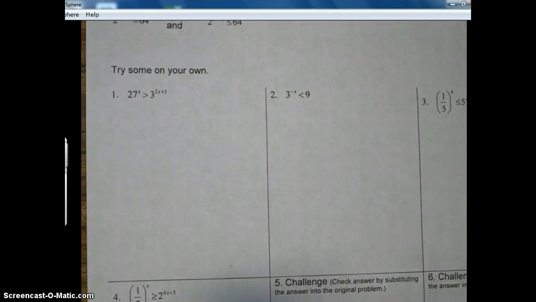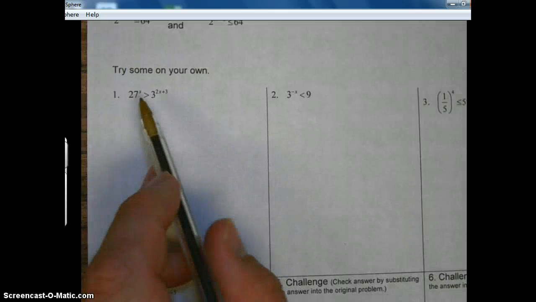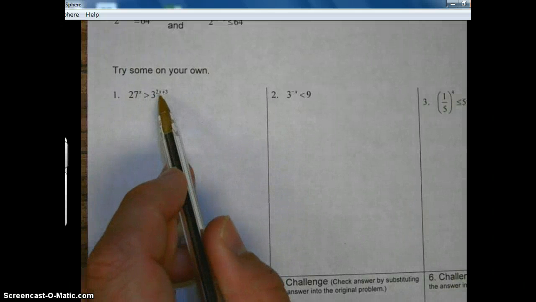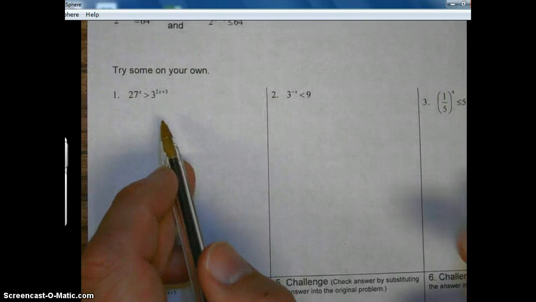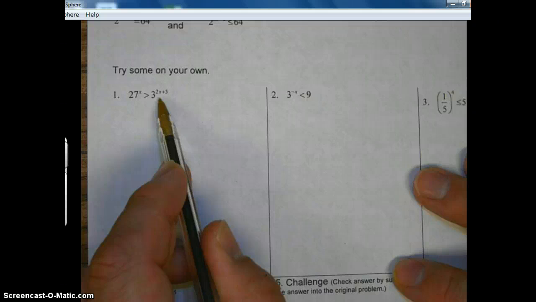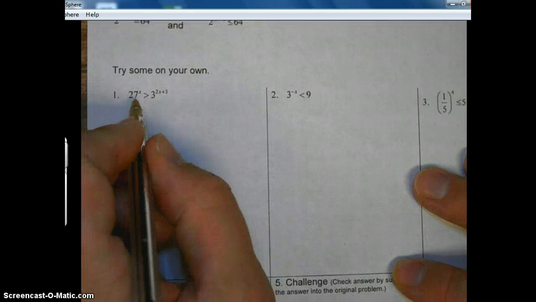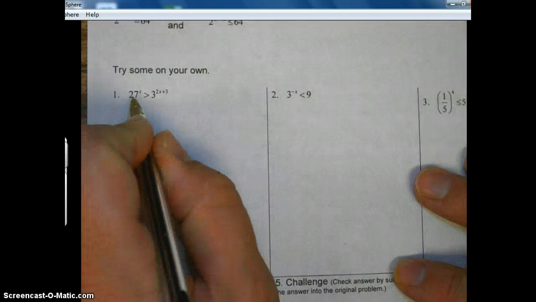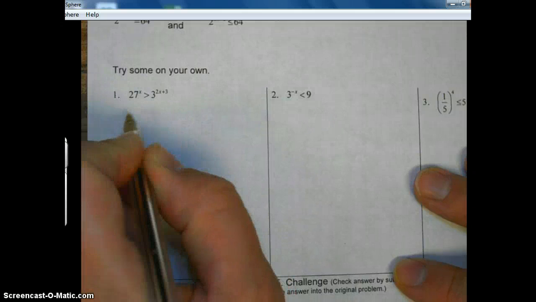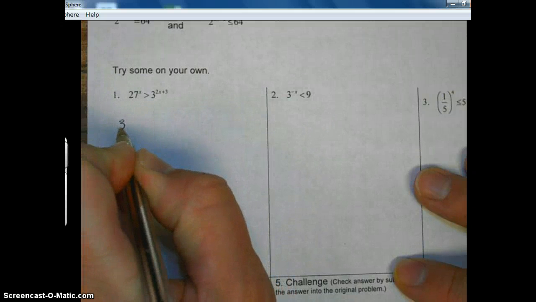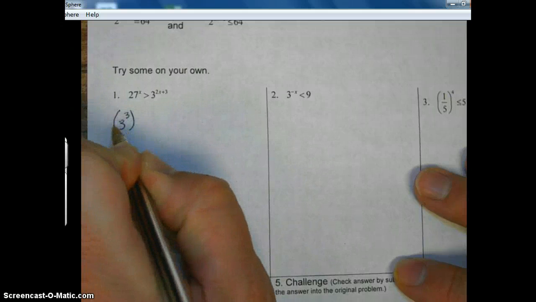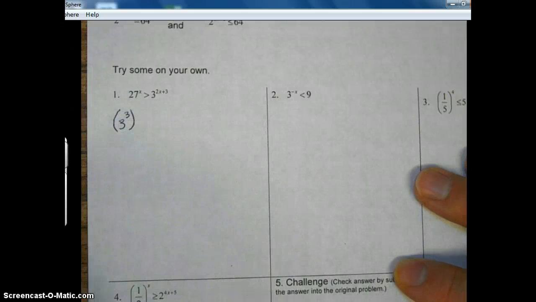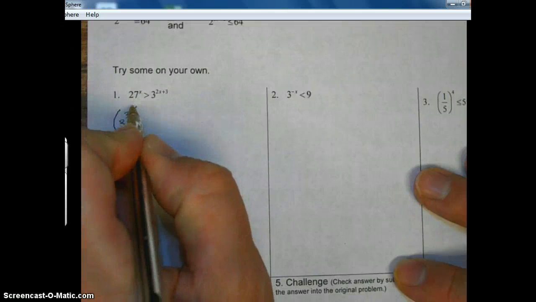So how do we solve inequalities? Well, first we solve them just like we would when we solve an exponential equation. We want to make the bases the same. So we're going to convert 27 to base 3. So that's going to give us 3 to the third power, which is 27, raised to the x.